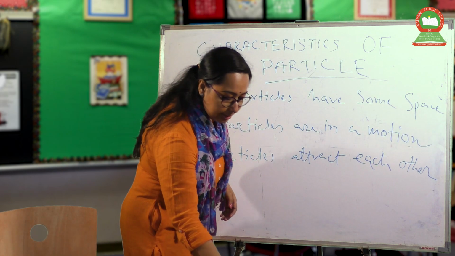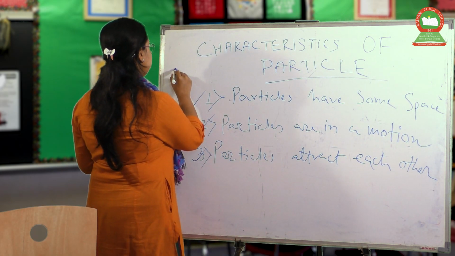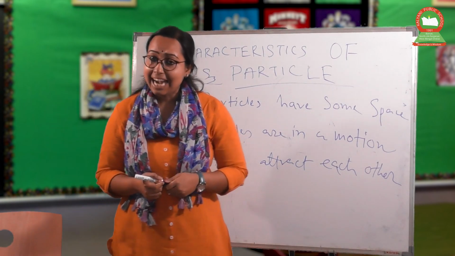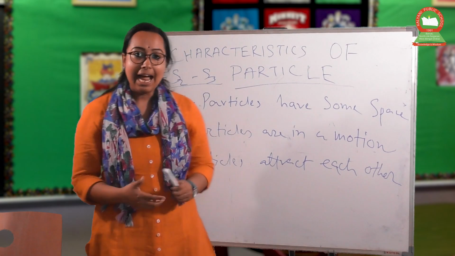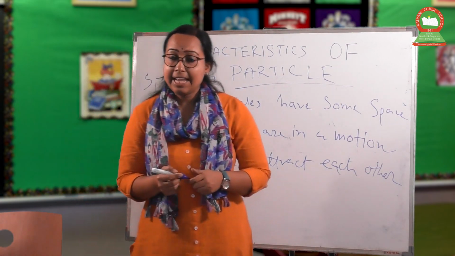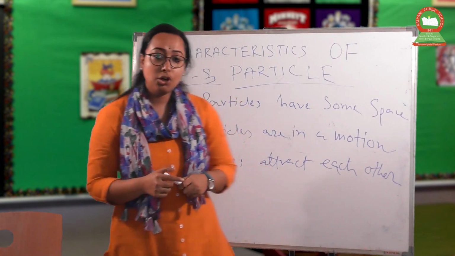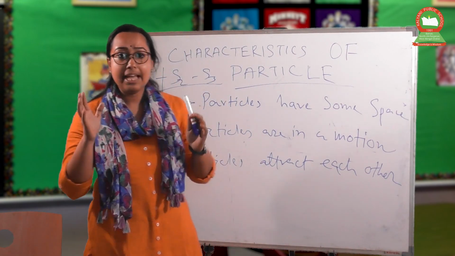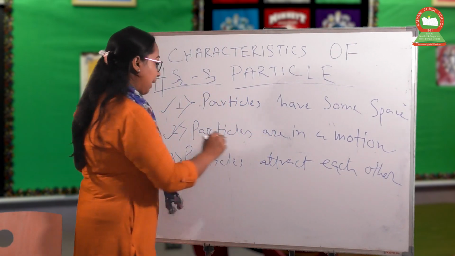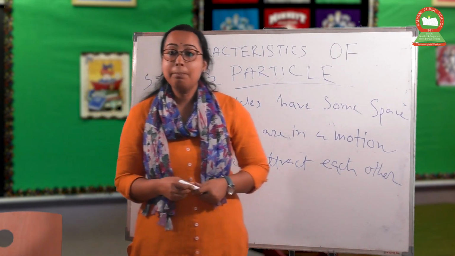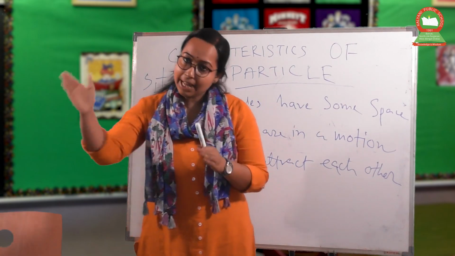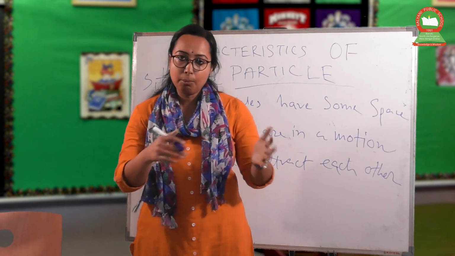So this is student 1, student 2 and student 3. If there is a hand lock position, then we have to break this chain. If I take one of the students from this, break means firstly they have to be in a chain position, right? So this is the third one, particles attract each other. If we break a building, there are lots of buildings here, and we have to break this building for some innovation or modification.